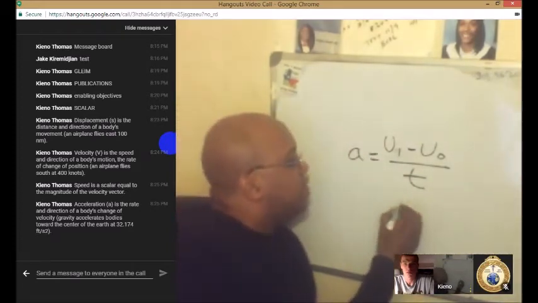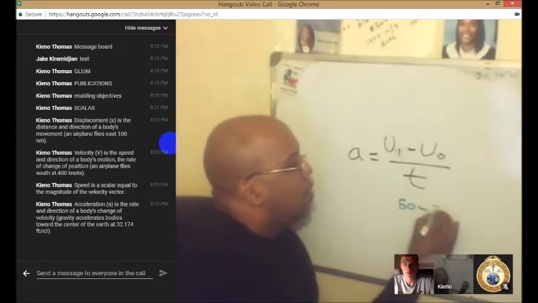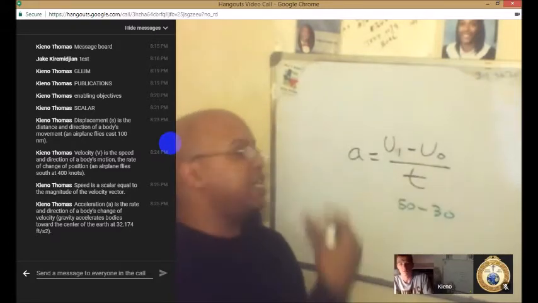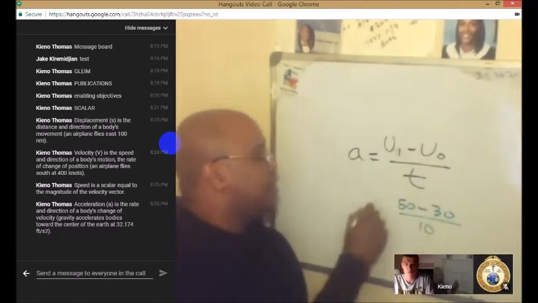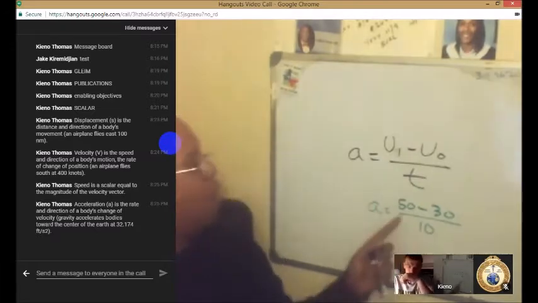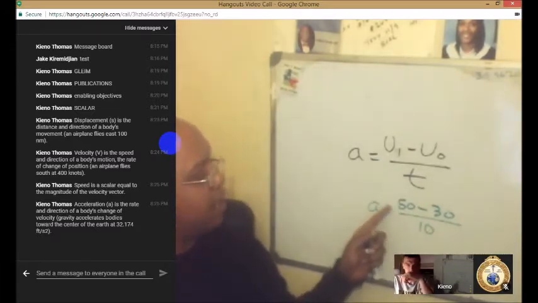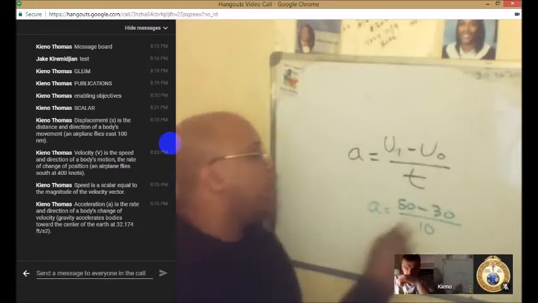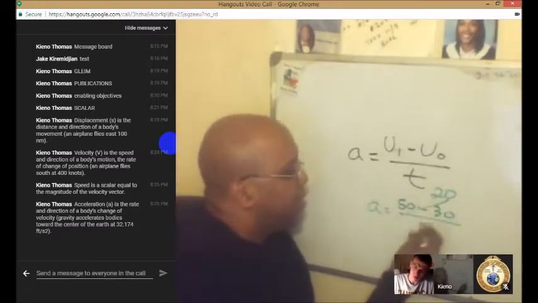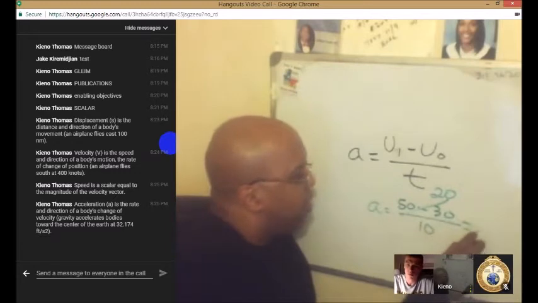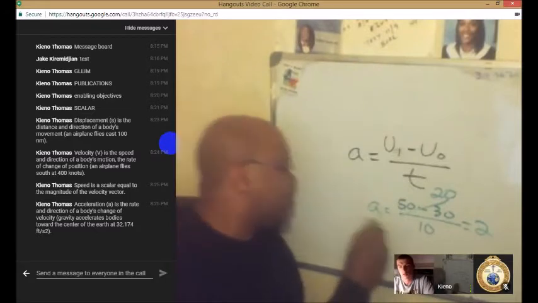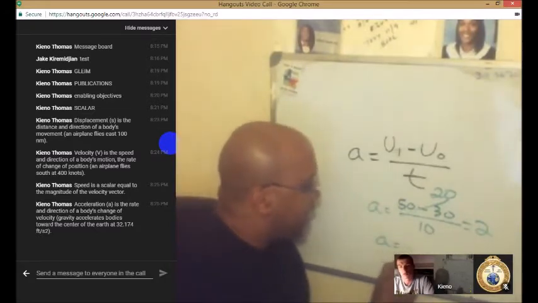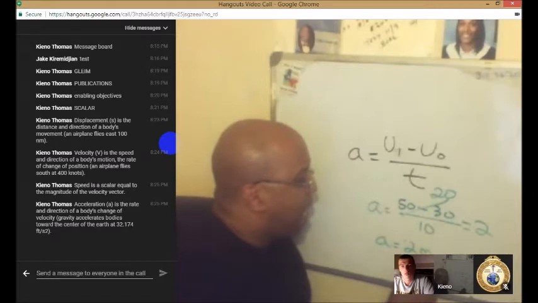So it's 50 minus 30, because that is your initial speed in miles per hour, over 10 seconds. Subtract 30 from 50, and that gives us 20. Then 20 over 10 is a numerical value of 2. But the way we say this is the acceleration is 2 miles per hour per second.